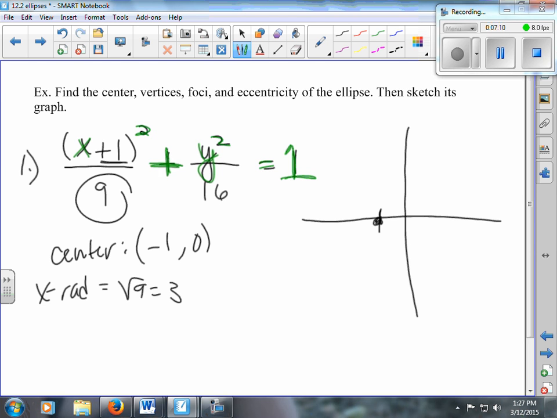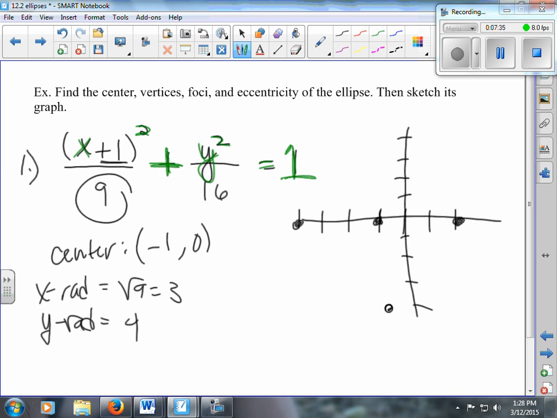So out from my center in the x direction, which would be left and right, I go 3 ticks, and I put in my vertices or co-vertices, whichever ones they are. And then the y radius is the square root of what's under the y. So that would be 4. So now I'll go up 4 and down 4.